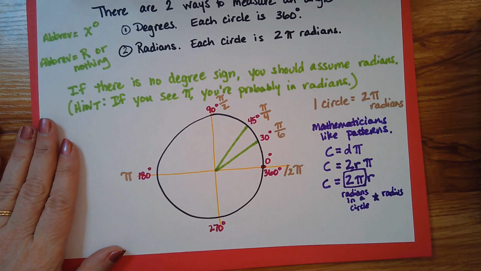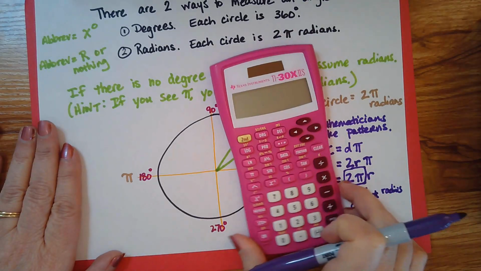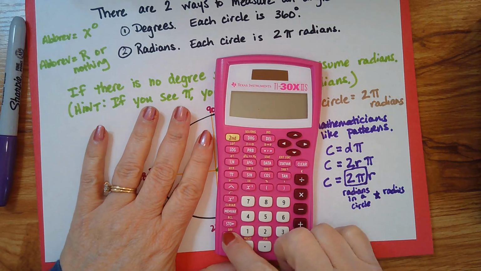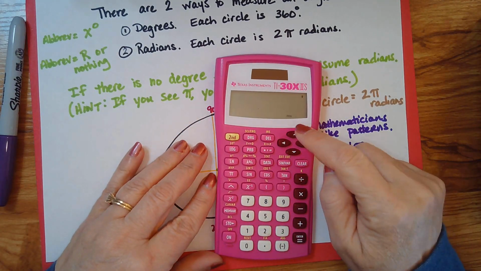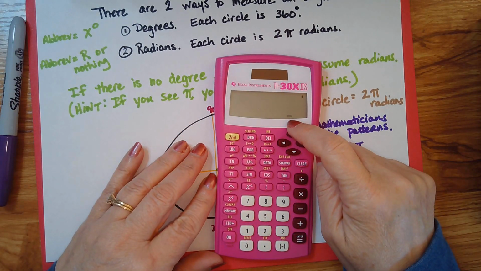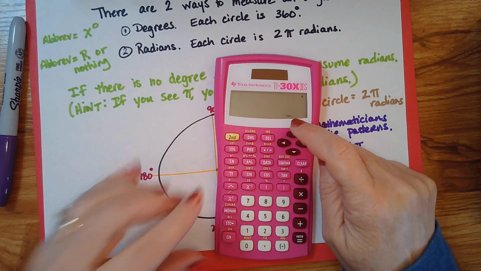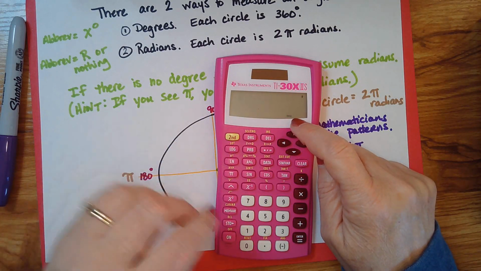Here's the important thing. On your calculator, you have different buttons. Even if you do not have a calculator exactly like mine, when you turn your calculator on, you should see somewhere the letters DEG, or sometimes it's just a D inside of a box.